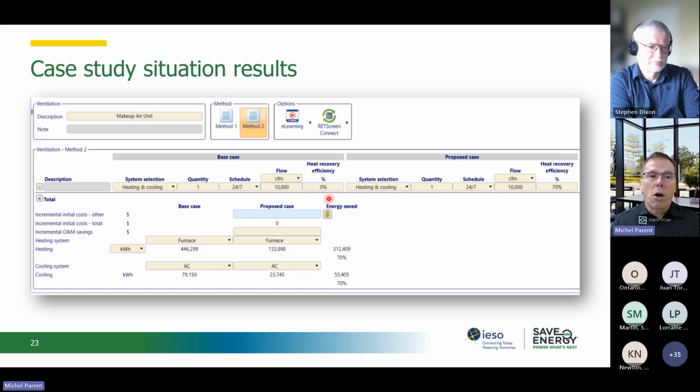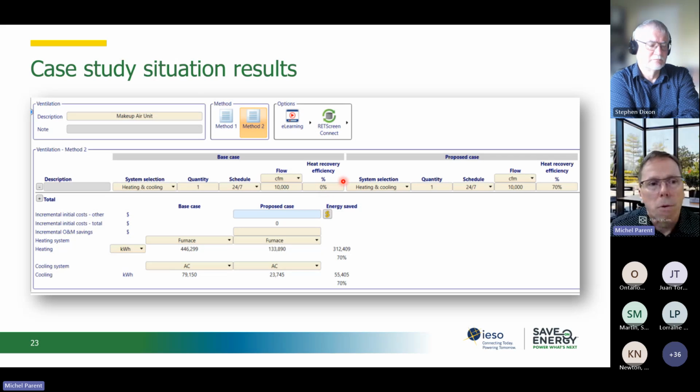It does by default, if you put the heat recovery, assume that there is an exhaust fan that will make up the same amount of air so that you have that balanced flow. So the heat recovery that you have in RETScreen will be a balanced flow heat recovery. And you do not define the exhaust flow. By default, the exhaust flow will be balanced to the makeup flow. So don't define both, only define one.